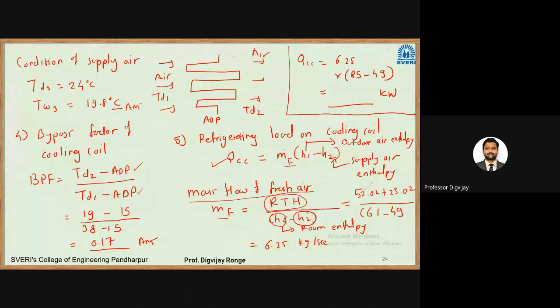Okay, can you calculate in tons of refrigeration? Pradyumna has calculated in kilowatts, and let us wait for his answer, or others also please participate. It is 25.12 kilowatts. Please convert this into tons of refrigeration by dividing by 3.5.